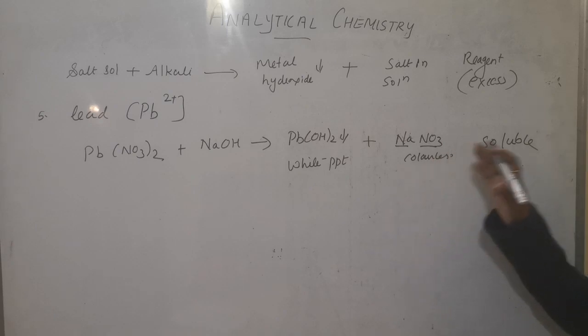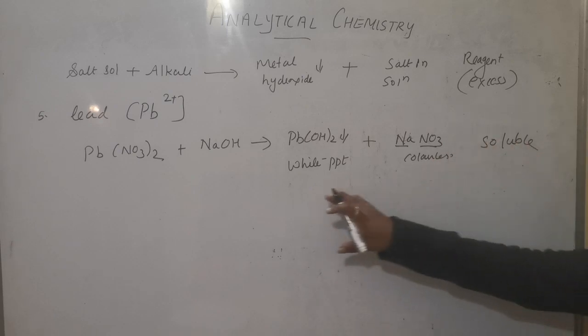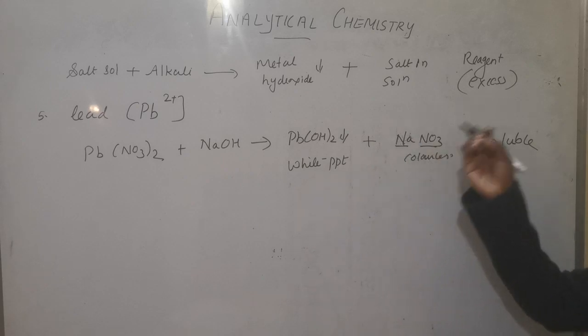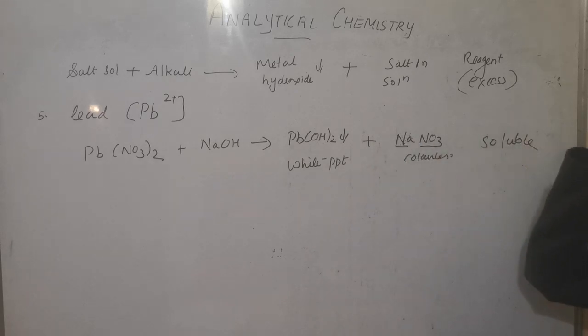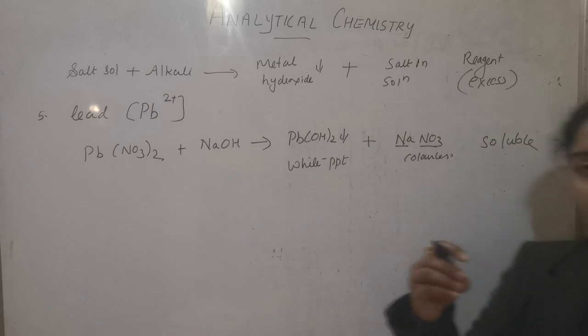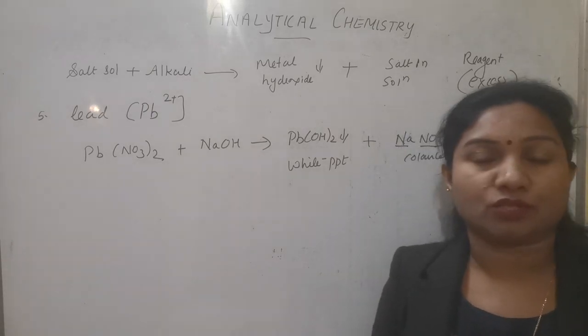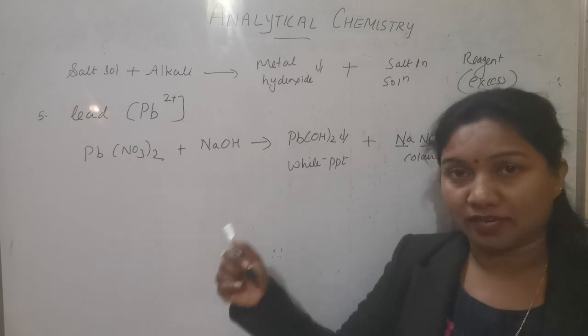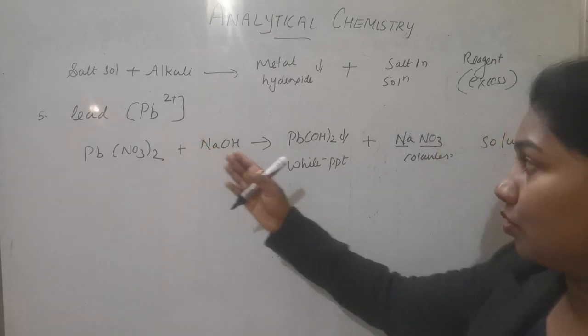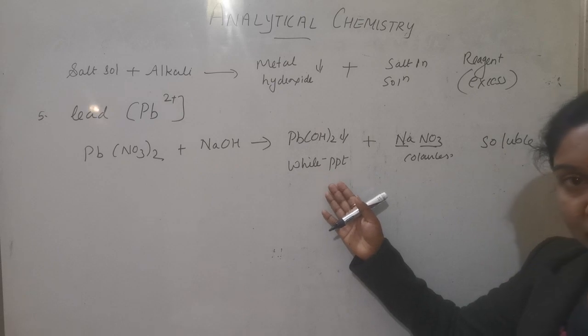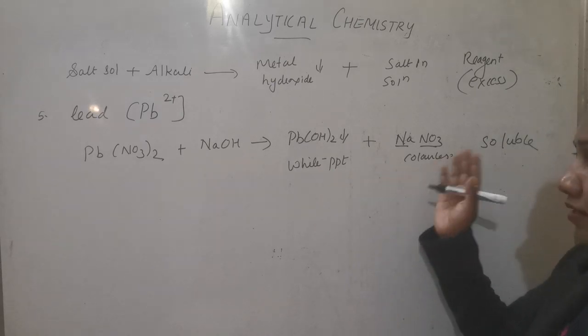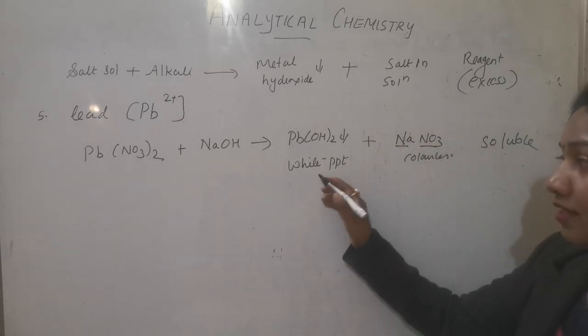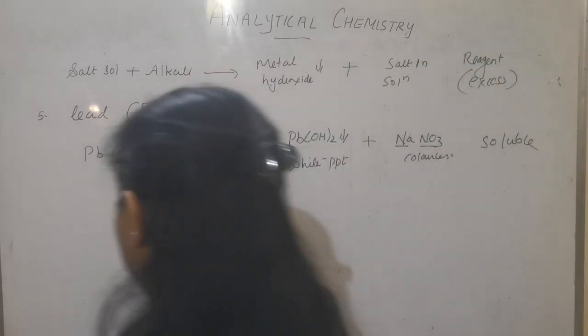So for the confirmatory test, what you have to do, if you are getting white color precipitate, you have to put excess of NaOH. So in case of calcium salt, when you added excess of NaOH, the precipitate remained insoluble. Whereas in case of lead nitrate or lead salt, you got white colored precipitate of lead hydroxide, and when you added excess of NaOH to it, it got dissolved.